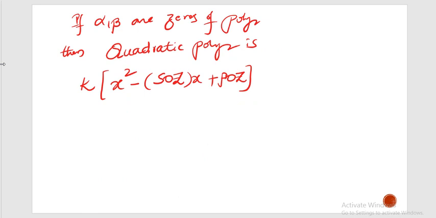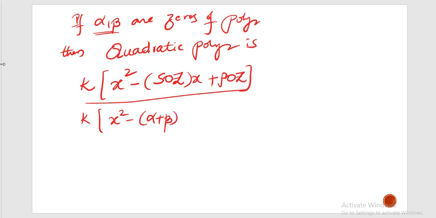This is the formula which we can directly make use of when you are given the zeros. So this I can write as k times of x square minus of alpha plus beta into x plus alpha beta.